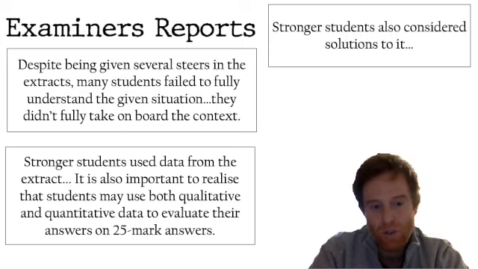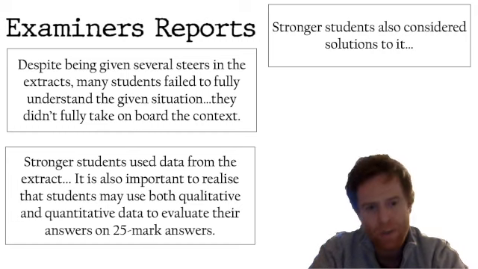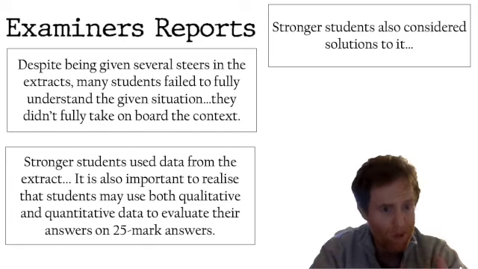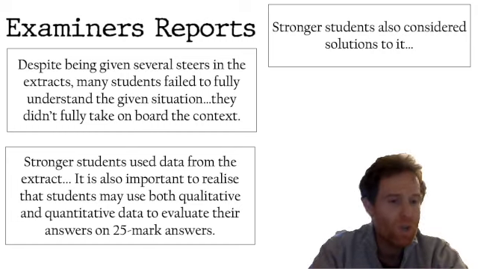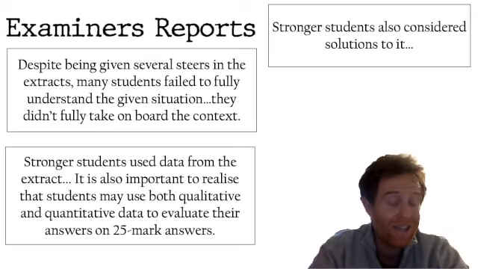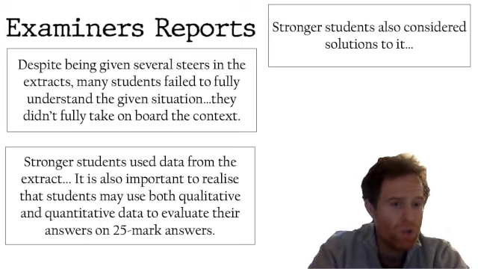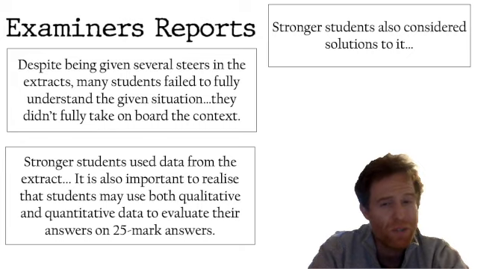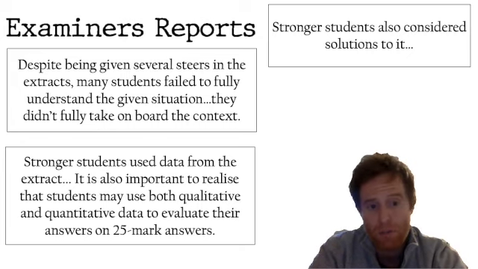What you need to do is argue your case. Yes, you need to provide weight to your judgment, but you also have to acknowledge it might not always be the case. And actually, there might be limitations to your decision. And if there are limitations to your decision, well, how can you resolve it? And that's where solutions come in. And that's where you get your really high level evaluation marks.